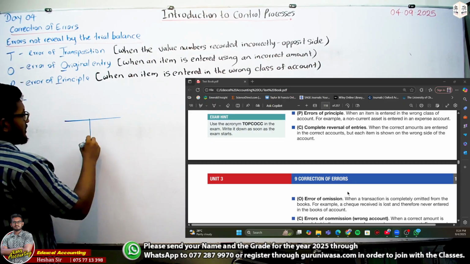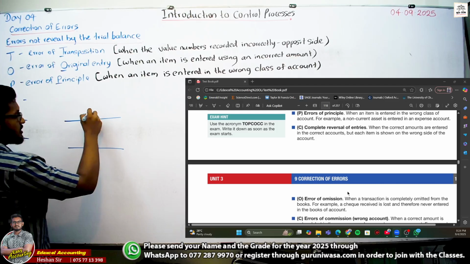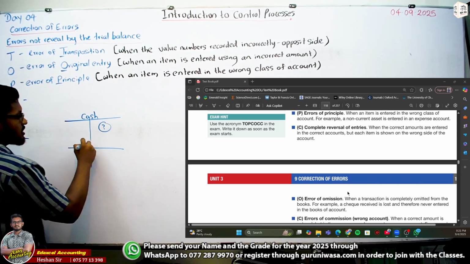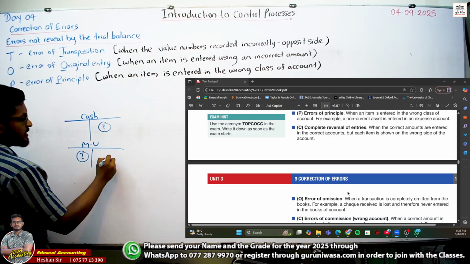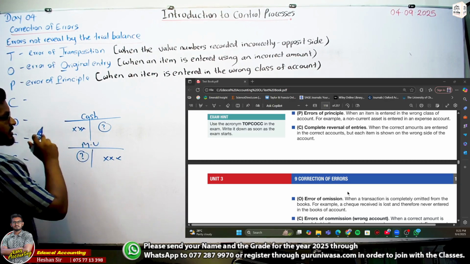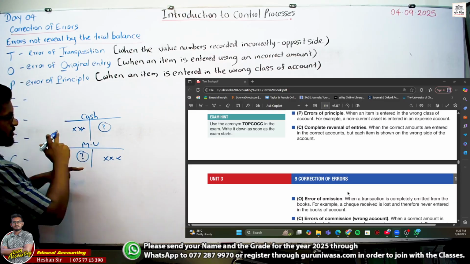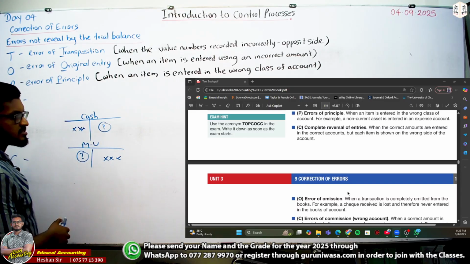When we purchase a motor vehicle, cash should be credited and motor vehicle should be debited, but mistakenly we credited the motor vehicle account and debited the cash book. This is the correct entry, but we recorded the opposite side.